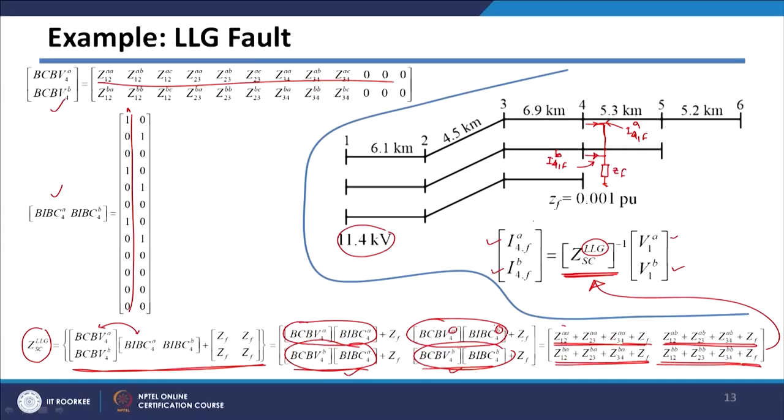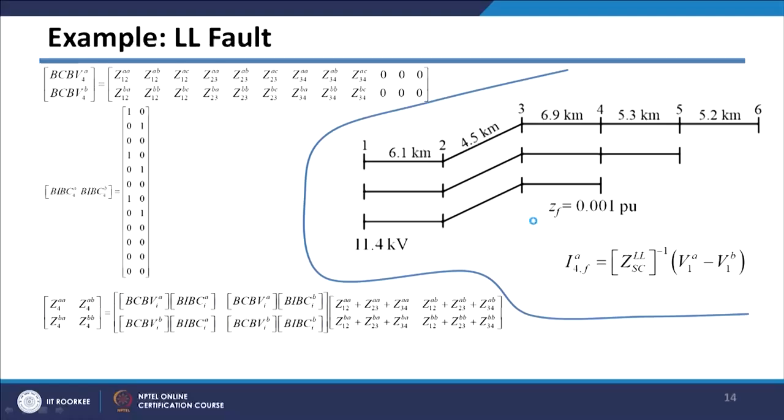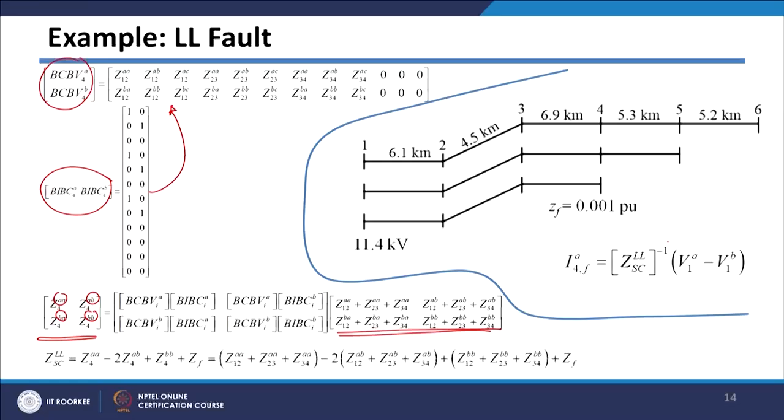So, this is how fault currents can be analyzed. In case of LL fault, we have just now seen, we have divided this matrix multiplication of these 2 columns and these 2 rows into 4 impedance matrices. This is corresponding to AA phase, AB phase, BA phase and BB phase, and if you multiply explicitly this matrix with respect to this matrix, I will get these 4 terms like this, and from this we can derive the short circuit impedance matrix for LL fault.